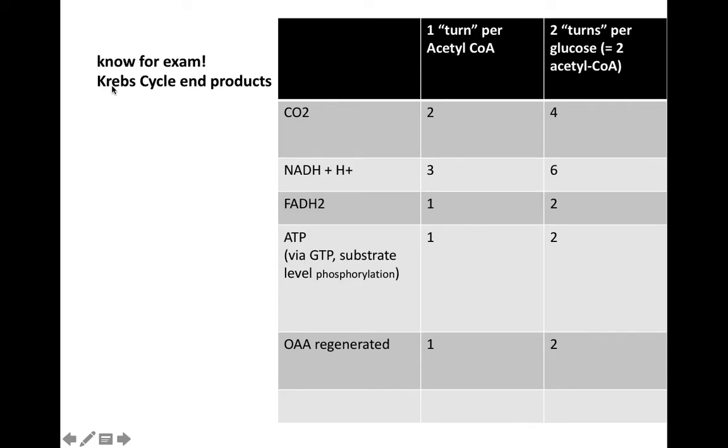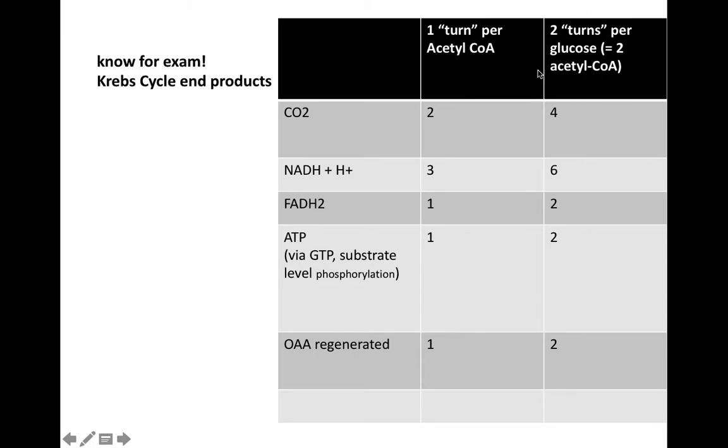This is what you need to know for the exam. So per one acetyl CoA that enters the cycle, we're going to get 2 carbon dioxide, 3 NADH, 1 FADH2, 1 ATP indirectly via substrate level phosphorylation, and 1 oxaloacetic acid will be regenerated. We just have to remember, folks, that per glucose, we're going to end up with 2 acetyl CoA.